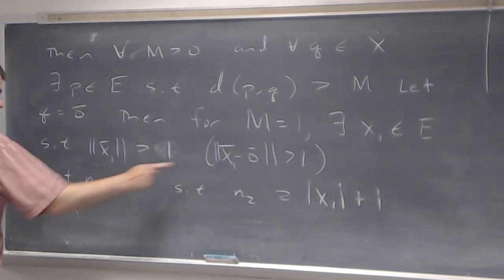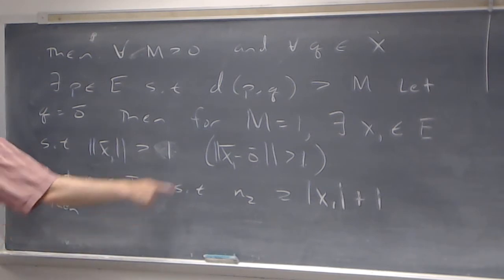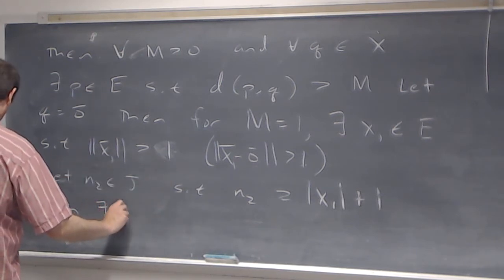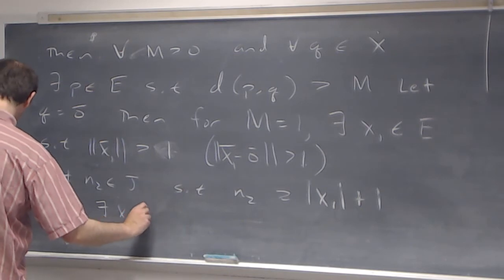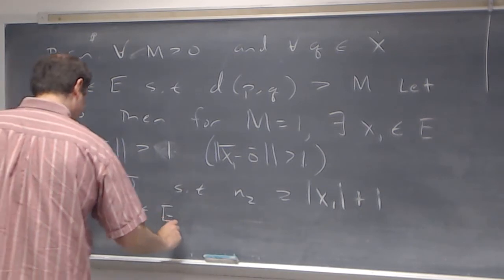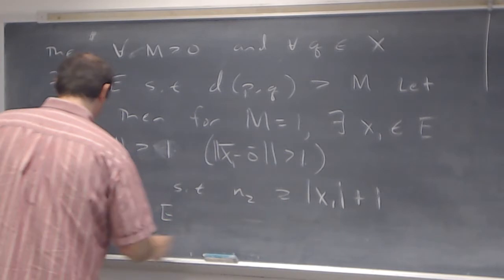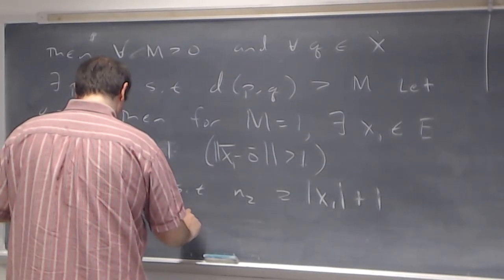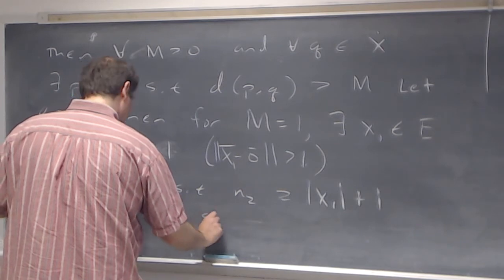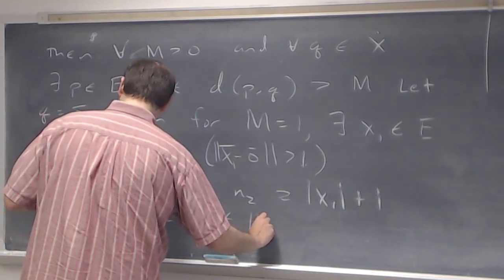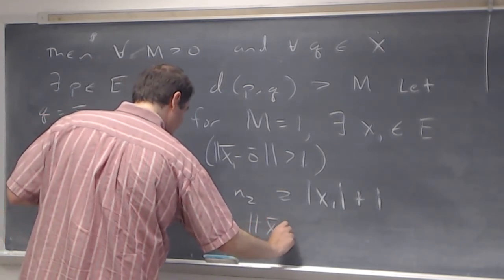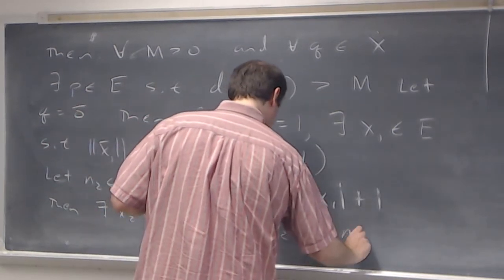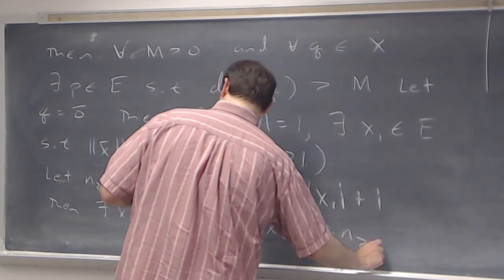That's going to act like my new M. Then there exists an x sub 2, an element of E, such that the norm of x sub 2 will be greater than n sub 2.